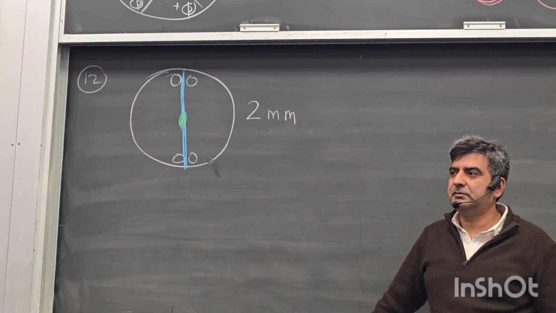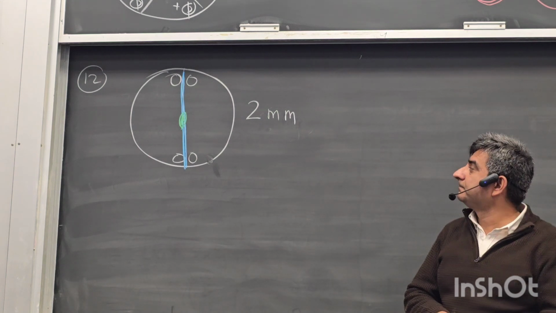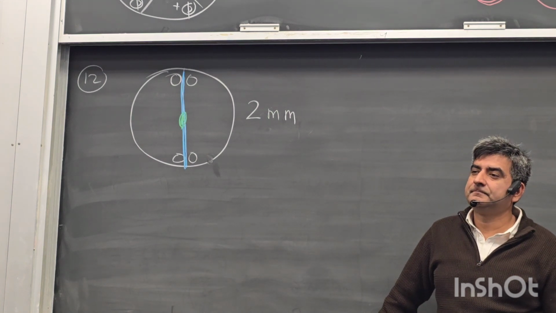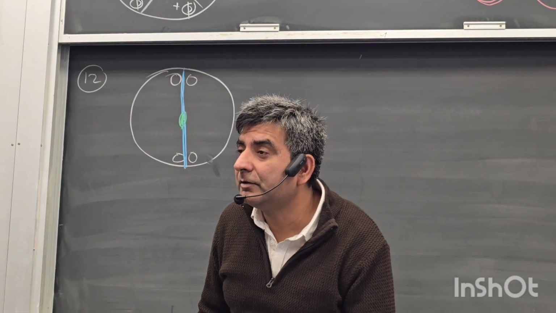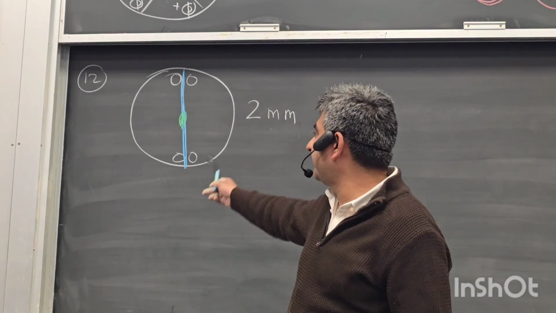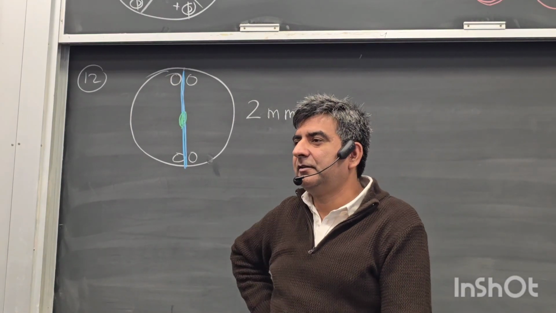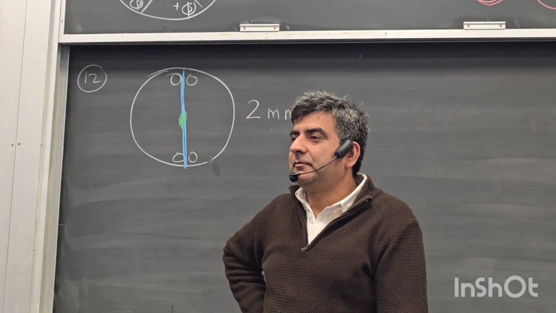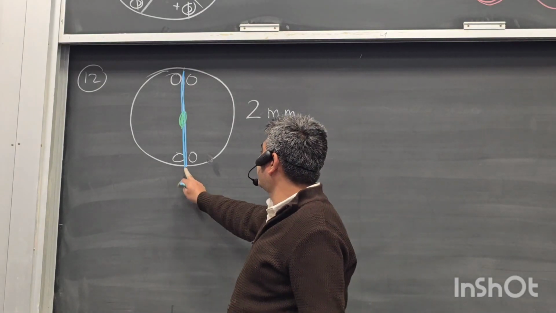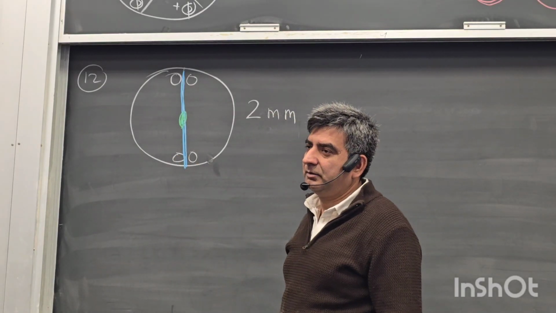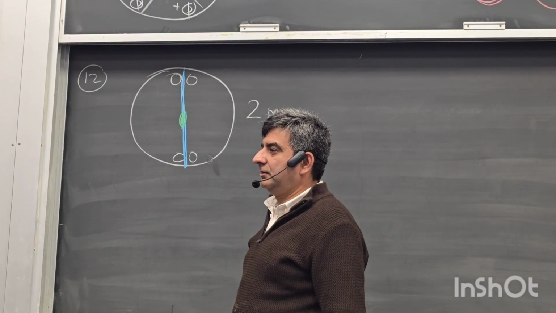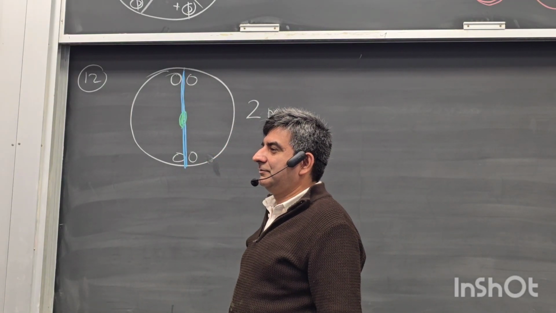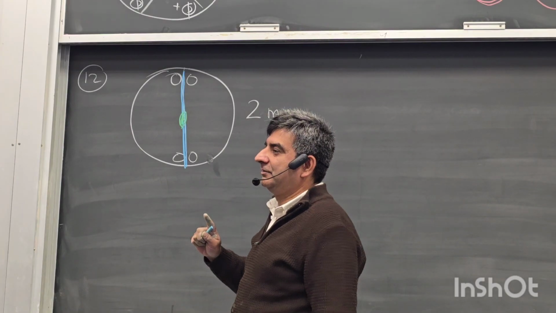Why is that? So how many mirror planes exist in this figure? 2. So here is the first one, where is the second one? This is one mirror plane here. No, there are two mirror planes.